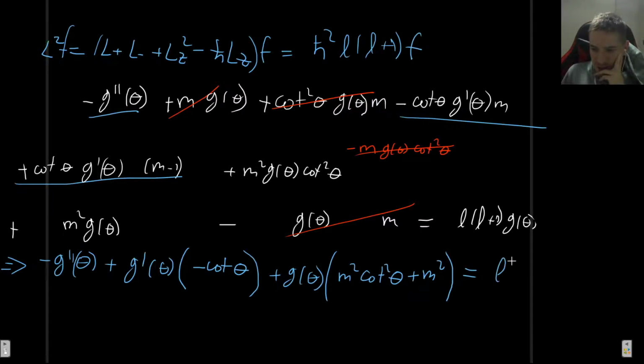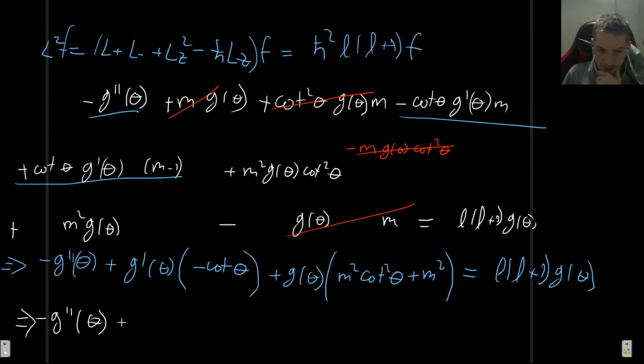And this is equal to L plus 1 g of theta. Okay, so let's now continue simplifying this. So we get minus g prime prime of theta. These are obviously a derivative with respect to theta. Minus cotangent of theta g prime theta. And then we have, let's take a look at this.